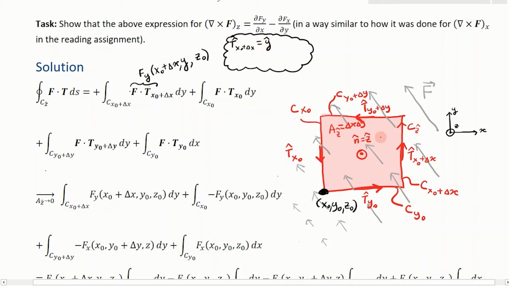That's because it's a unit vector that's pointing in the positive y hat direction, so it must be y hat. And we know that when we take a dot product between a vector and y hat, we're going to get its y component. You can see it just by expanding f as fx, fy, fz, and then when you take a dot product with y hat, you'll get the y component.